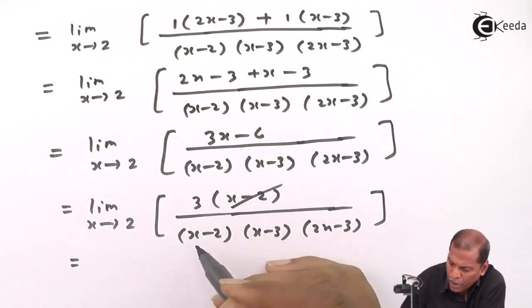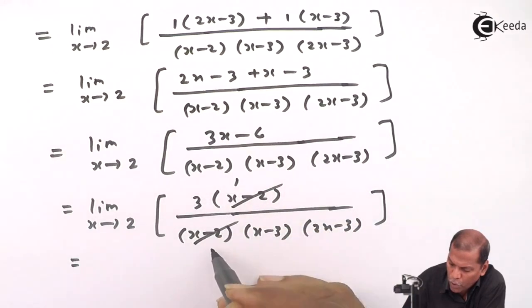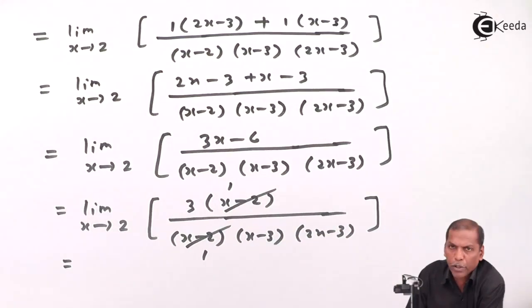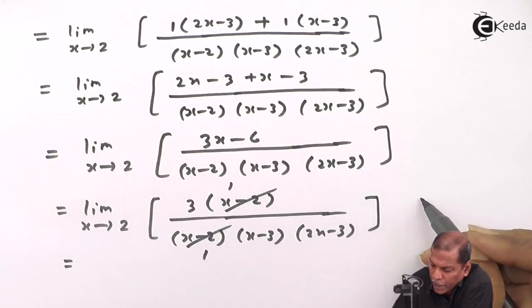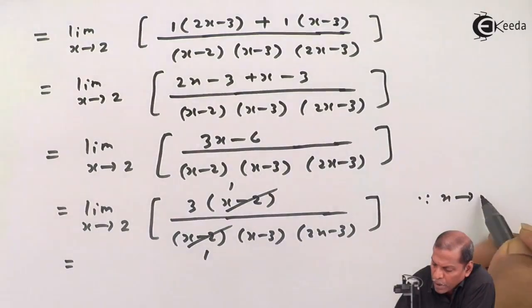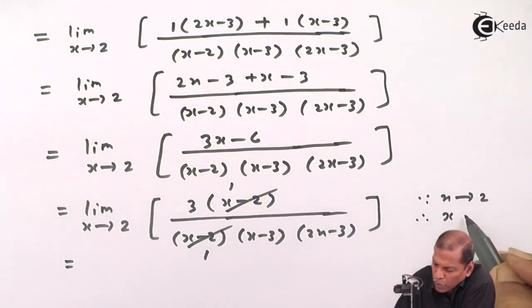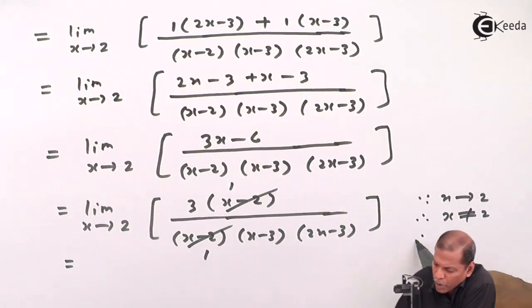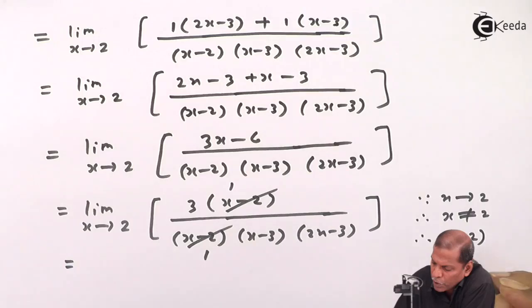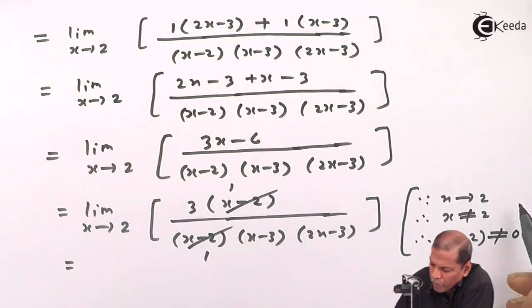Now we cancel x − 2 from the numerator and denominator, stating the reason that since x tends to 2, therefore x is not equal to 2, and therefore x − 2 is not equal to 0.